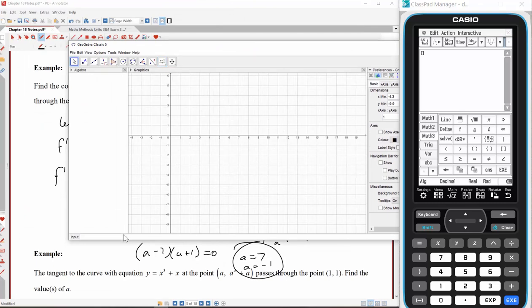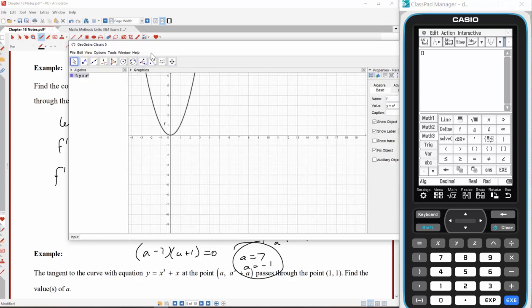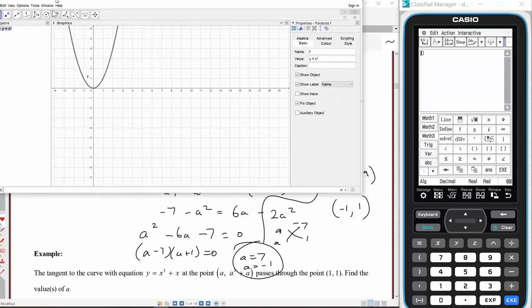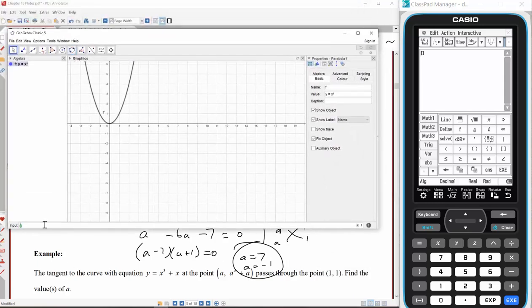So we've got y equals x squared. Now, one of the points where the tangent runs through (3, -7) is at negative 1, 1. So let's pop it in. So it's there.